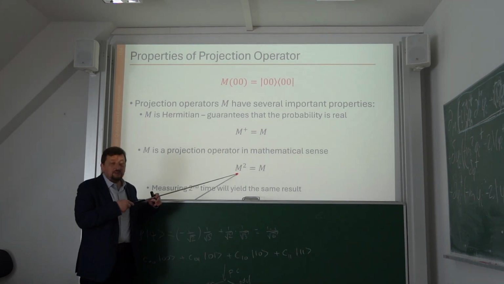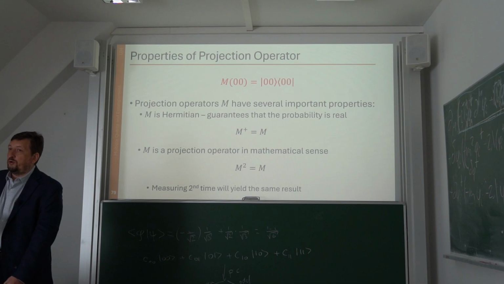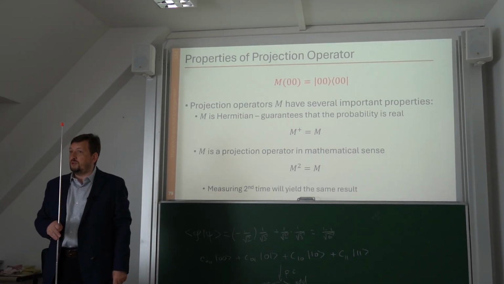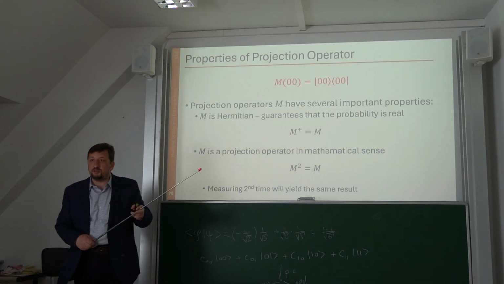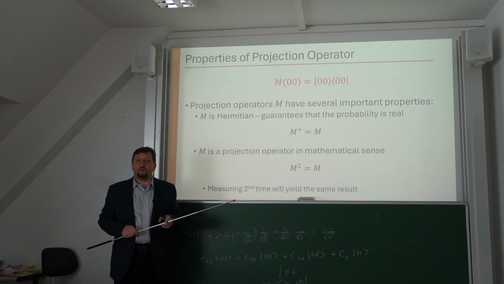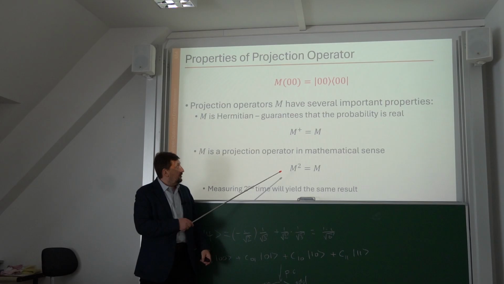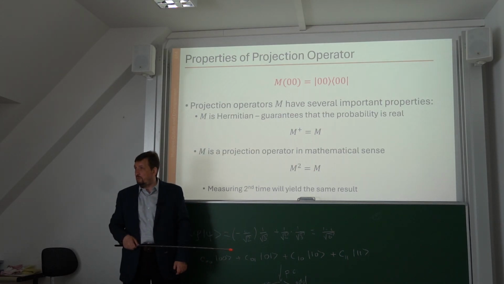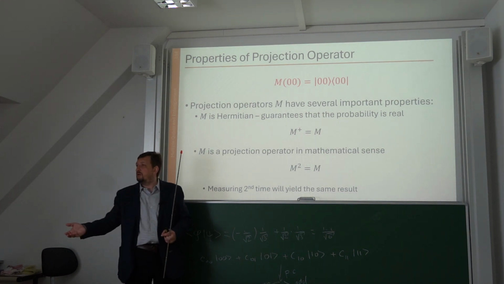Applying this operator twice is the same as applying it once. You take the z component of a vector, you get a vector along z. You take the z component again of this vector, nothing changes. You already projected it. Physically, this means that the state of the qubit that we measure will be the same as the measurement outcome. So if you measure the same thing a second time, you will get the same result.